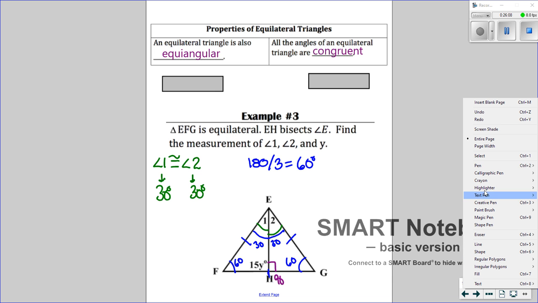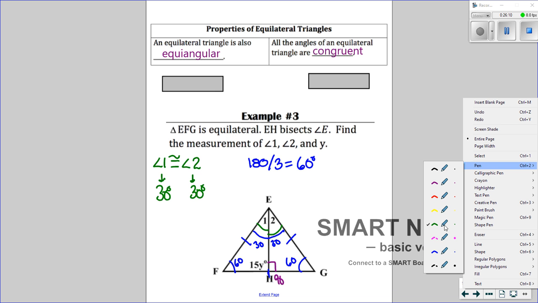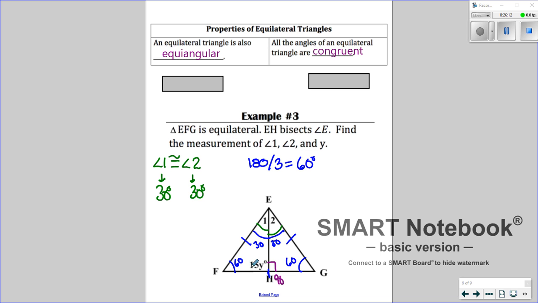And now we need to find the value of y. This says 15y degrees. We know that this has to equal 90. So we do 15y equals 90, and then you divide by 15 and you will get 6 for y.